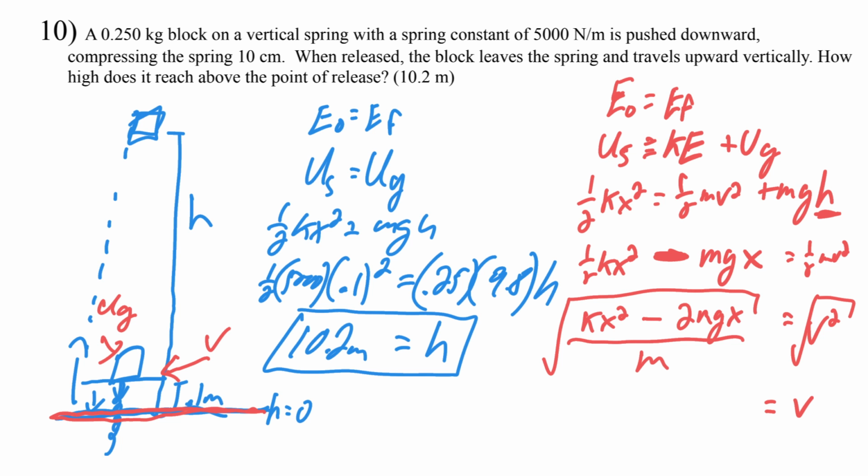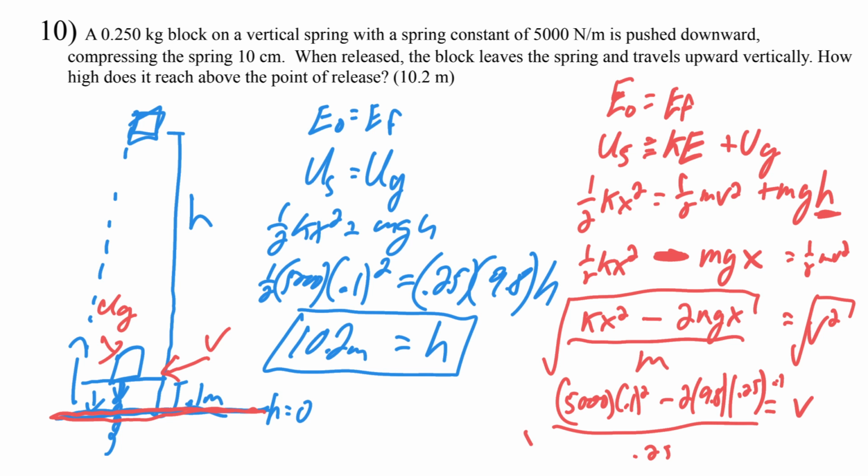K was 5,000 times 0.1 squared minus 2 times 9.8 times, oops, I forgot the mass, 0.25 times 0.1, divided by the mass, right? 0.25. And then square root all of that. So there's that beauty. I'm going to go ahead and do that and see what I get. So I get a velocity of 14.14.